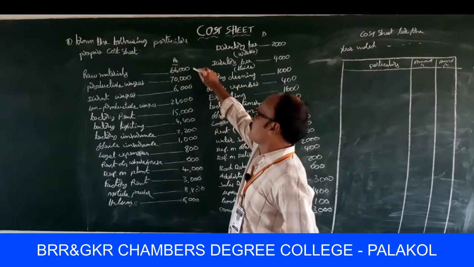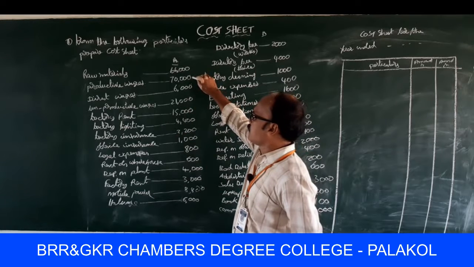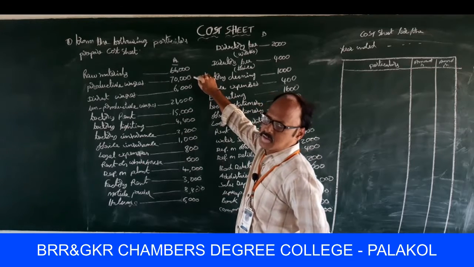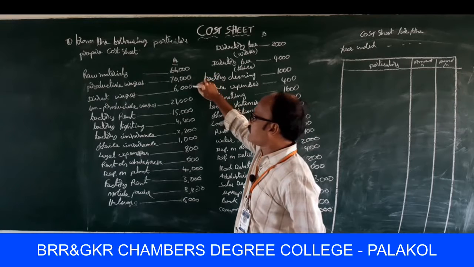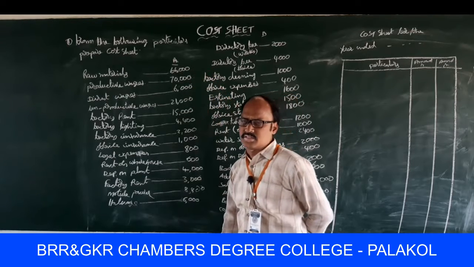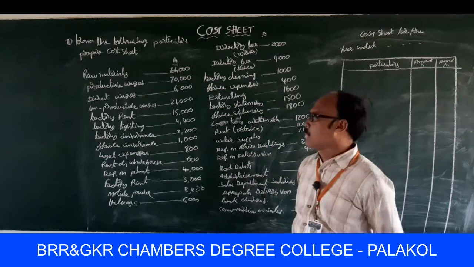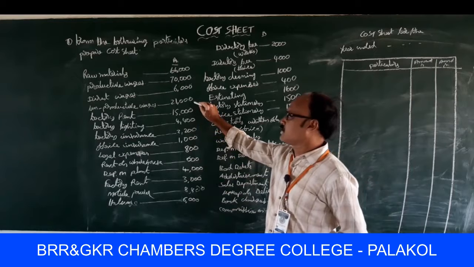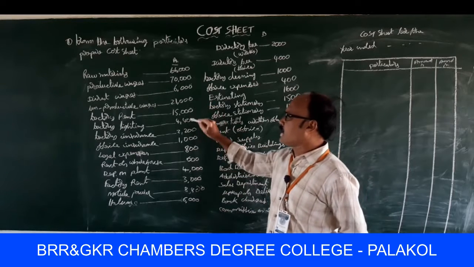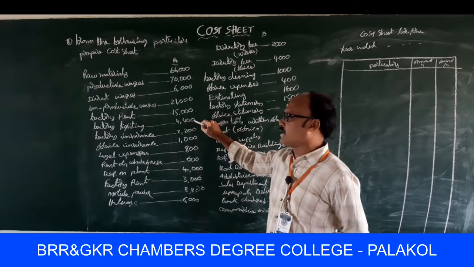Raw materials, prime cost. Productive wages, this is direct expenditure, that's why it is prime cost. Direct wages, prime cost. These are all direct expenses, so these 3 transactions are related to prime cost. Next, unproductive wages, factory overheads. Factory rent, factory overheads. Factory lighting, factory overheads.